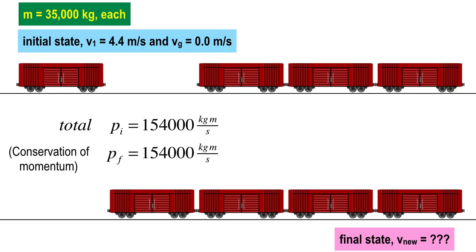For that reason, you can use the definition of momentum to rewrite the right-hand side of this equation. That's just P equals mv for a different m and a new v. Now we know what the different m is. It's 140,000 kilograms.